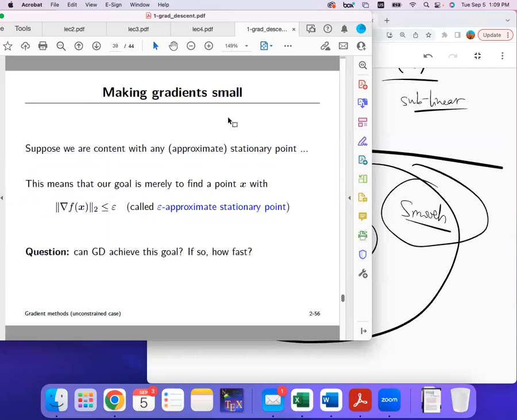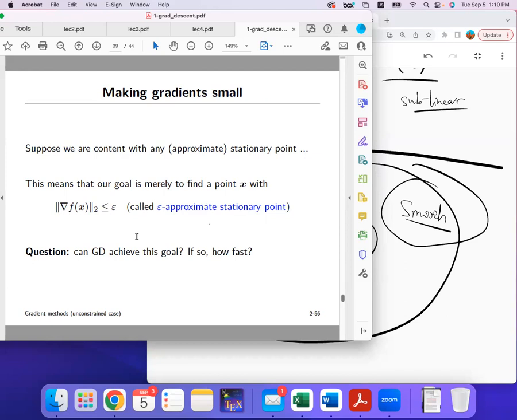This means that the goal of the algorithm is to find a point such that the gradient is very small. The gradient is very close to 0. So we call this an epsilon-approximate stationary point. So you are epsilon away from 0.